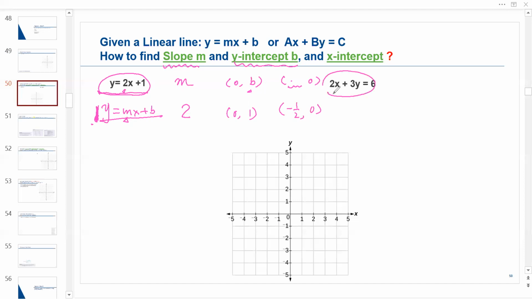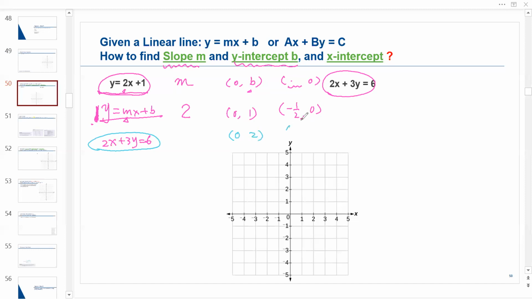What about this expression? Let me change to a different color to make it easier to see. For this expression, we can easily find the y-intercept. The y-intercept means x equals 0, y equals 2.